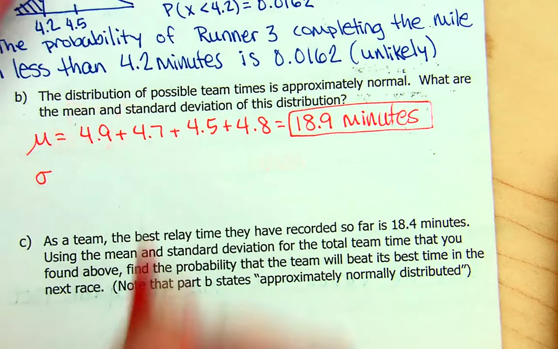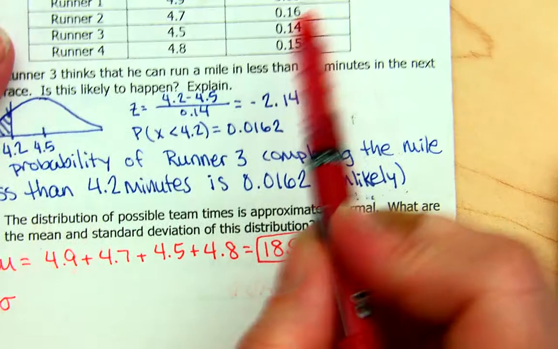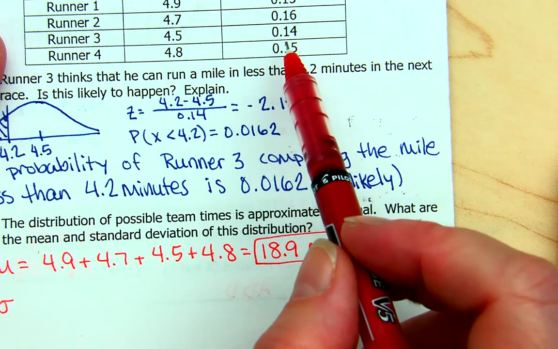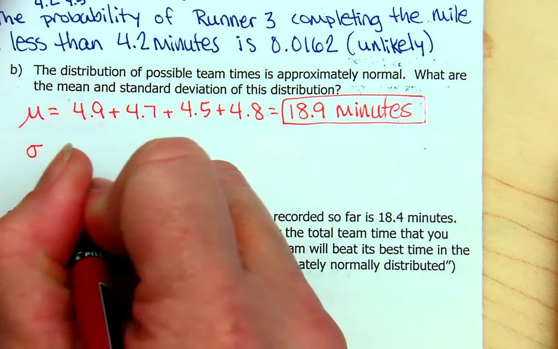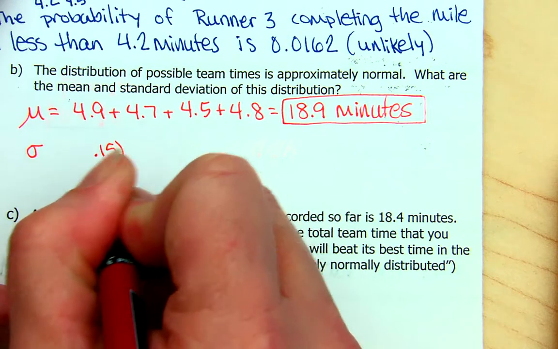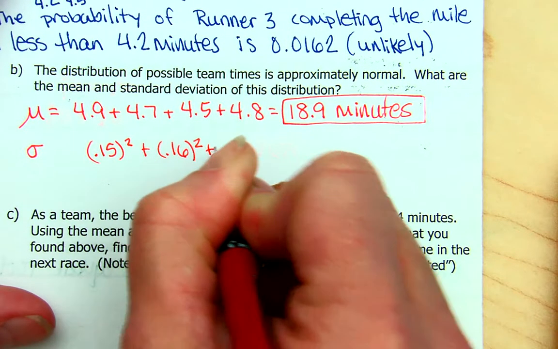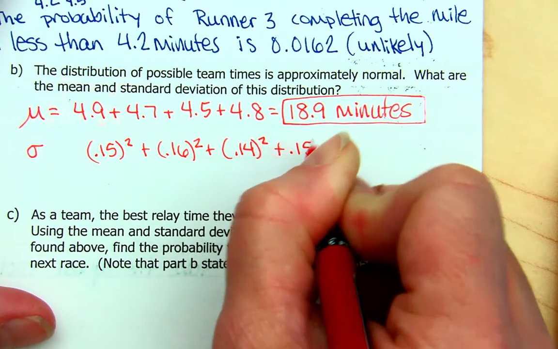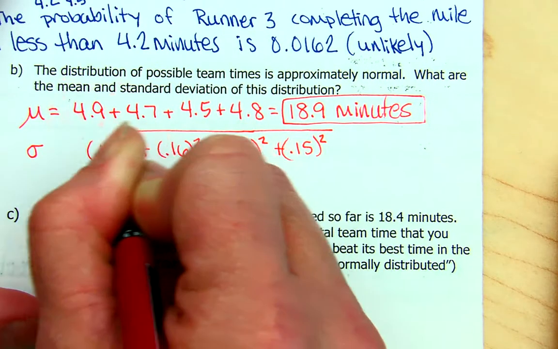For standard deviation, remember we want to combine variances. So we were given standard deviation. So to get the variance for each of these, what do I need to do with those numbers? Got to square them. Okay? So I'm going to say this is 0.15 squared plus 0.16 squared, and so on. And then to get standard deviation, I just take the square root of all that.